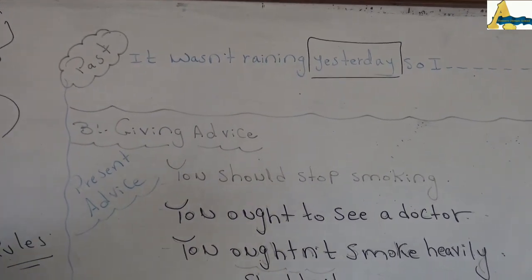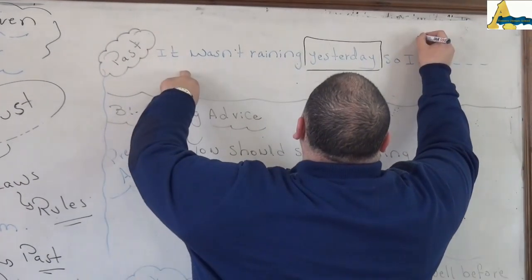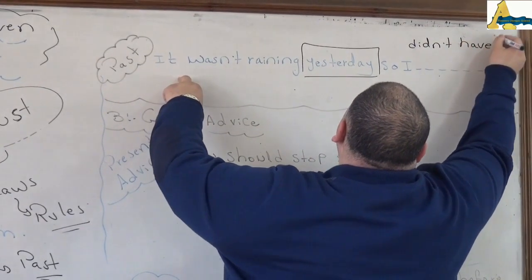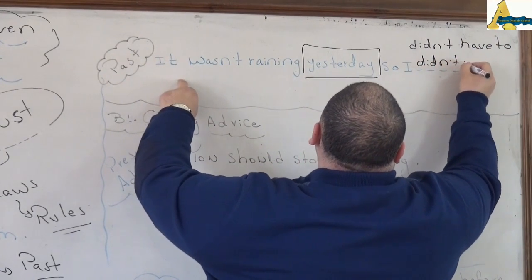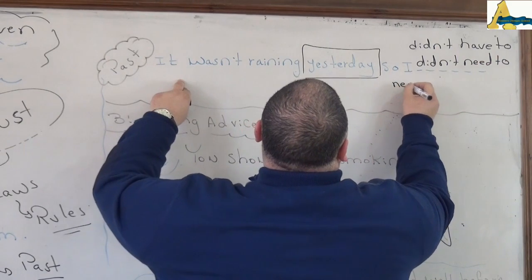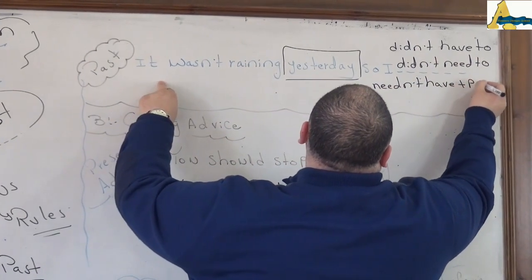But also, if I want to take a taxi, it's okay. So it wasn't raining yesterday, so I didn't have to, or didn't need to, or needn't have plus the past participle.